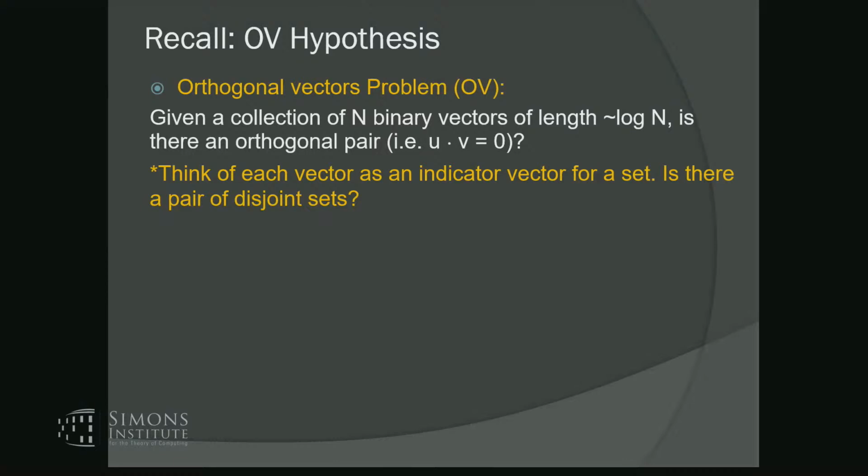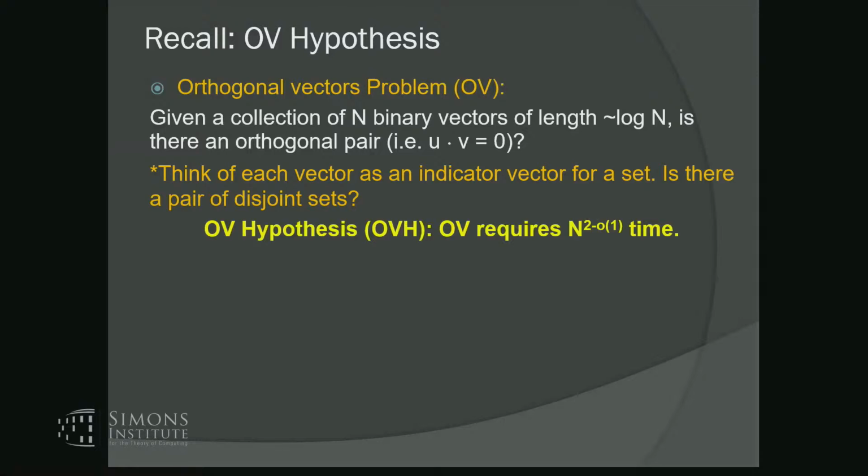What we can imagine is that each vector is like the indicator vector for the presence of elements in a set. That is to say, we have a universe of size log n. Each of these vectors is expressing, I have this element, I do not have this element, I have this element, and it represents a set. And then all we're asking here is, is there a pair of disjoint sets? So this is like a set disjointness problem. Is that okay?